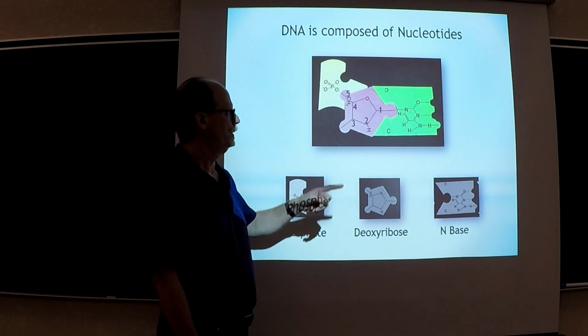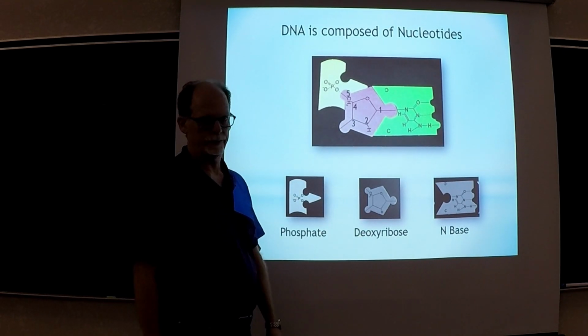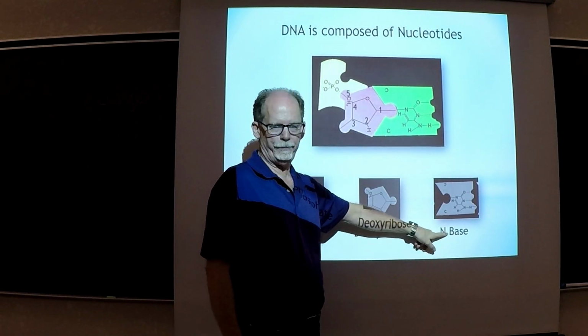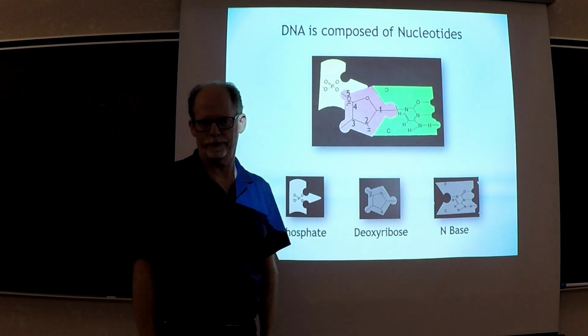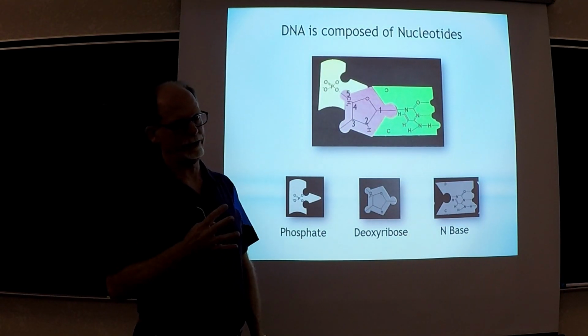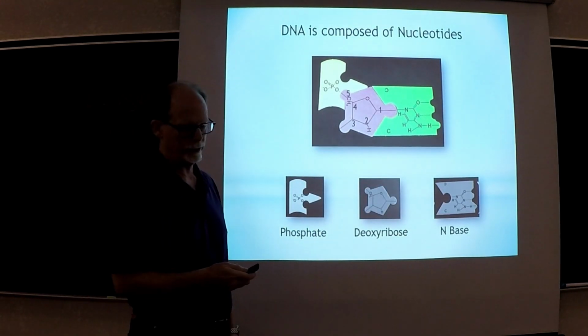Phosphate, correct answer. What's the red? Deoxyribose. And what's the green piece? If you just put nitrogen base or N base, that would be enough. Base wouldn't be enough. N base means N stands for nitrogen, so nitrogen base would be correct as well.